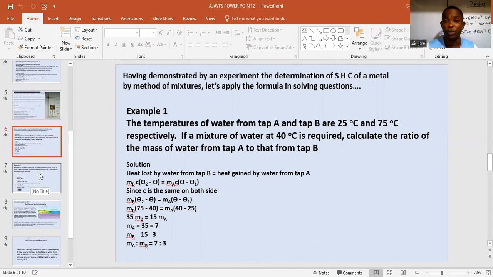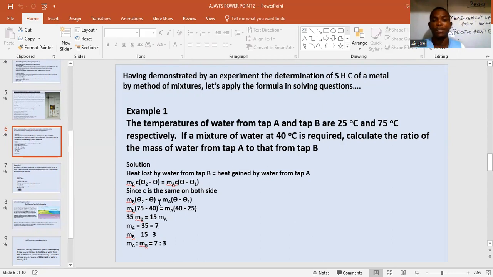Now, having known that the heat lost by a hotter body is equal to the heat gained by a colder body, therefore, heat lost by water from tap B, which is the hotter body, is equal to the heat gained by water from tap A. Mass of tap B, specific heat capacity, change in theta equals mass of tap A, specific heat capacity, then change in theta.